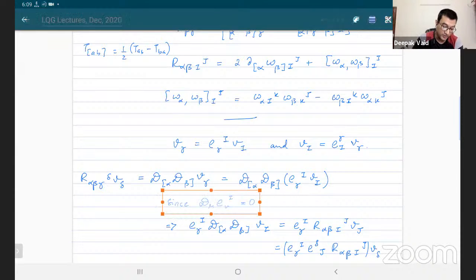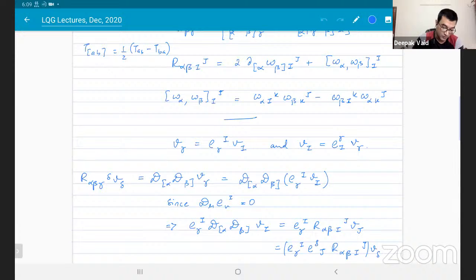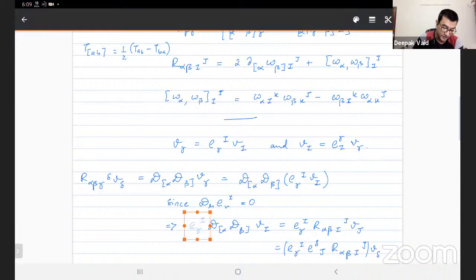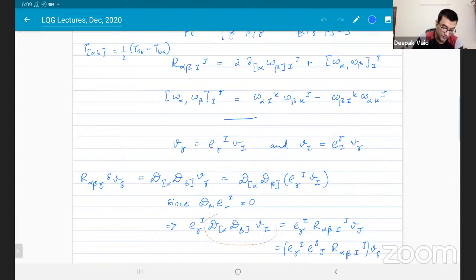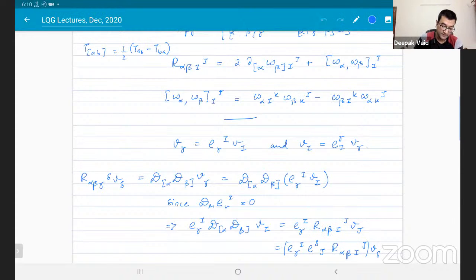Then we use the property that the tetrad is parallel transported by the connection, or annihilated by the connection, to bring it outside these derivatives. And then we can use the fact that this expression is given by this curvature acting on the object with an internal index, and raising and lowering one index with another copy of the tetrad.